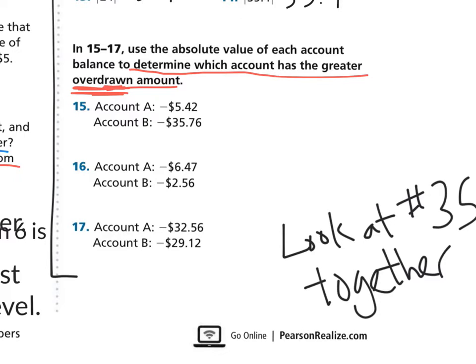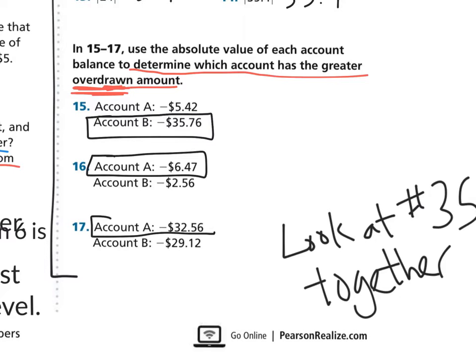So for these, just to keep things moving here, I'm going to just circle which one owes more. Number 15 would be account B. 16 would be account A. And 17 would be account A. Greater overdrawn amount means they owe more money.